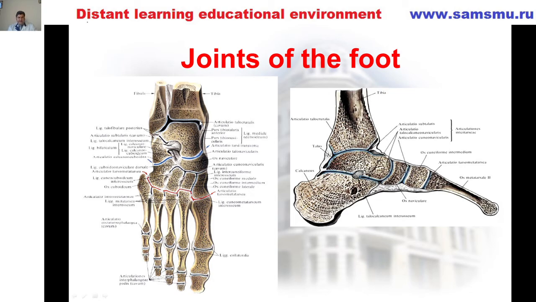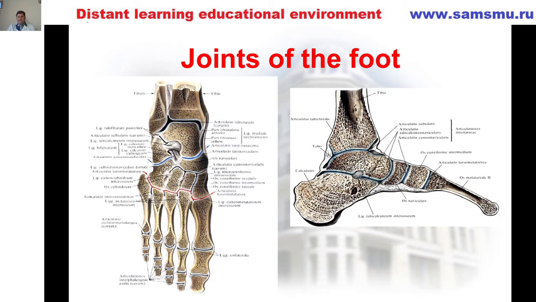You may see these articular facets in this picture. This is the facies articularis inferior tibiae, the facies articularis malleolaris of the ankles, and also you may see the articular facets of the talar bone.